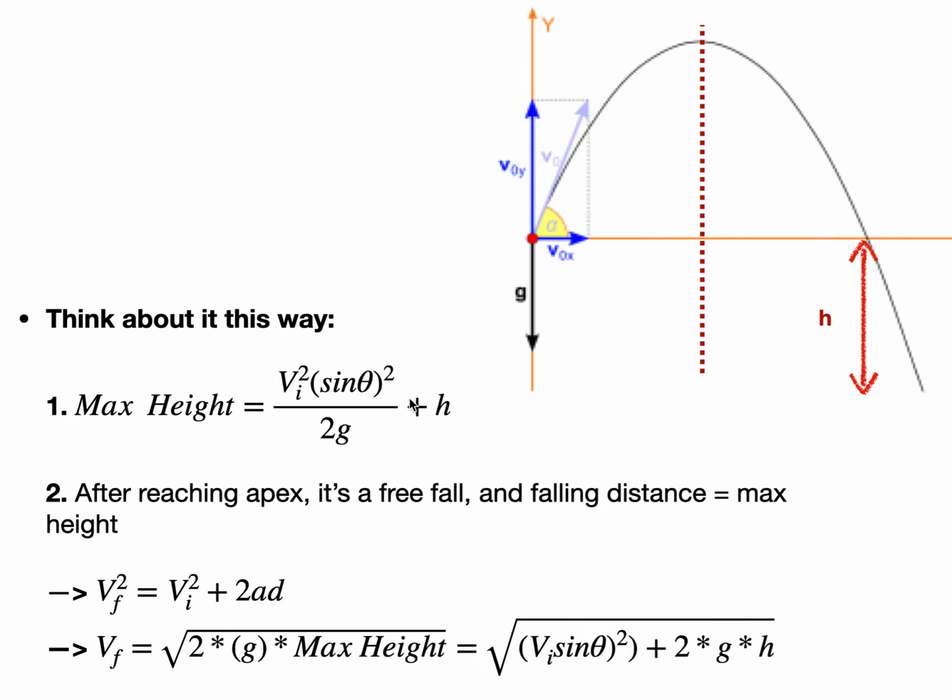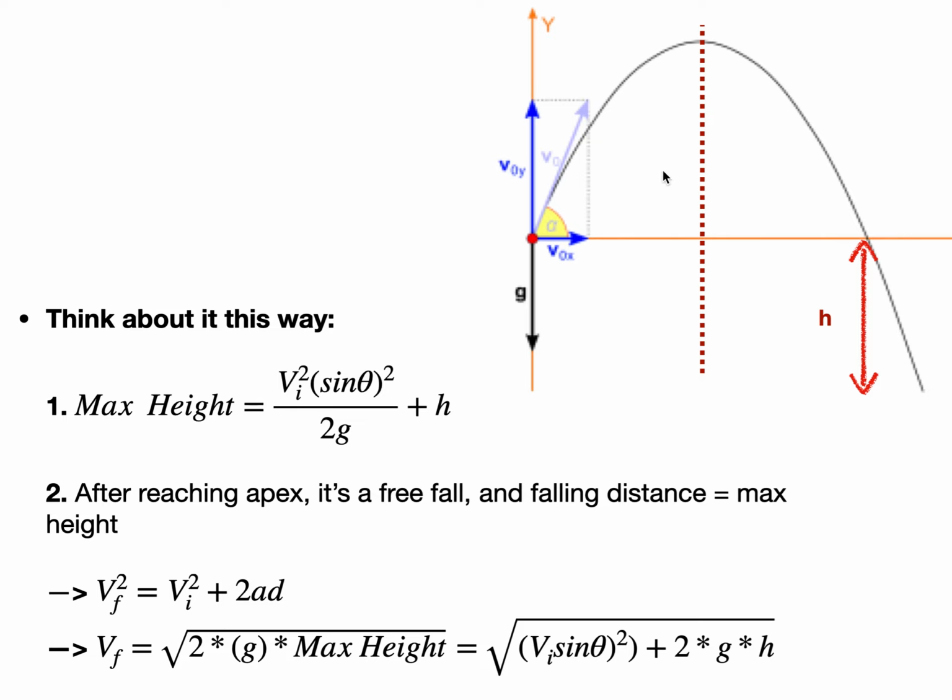The maximum height we derived with this equation would be the height from the apex to where the ball was released. And when there is a projection height, you just need to add h to it. So you get a total maximum height from the ground. So that's how we get this equation: the thing without projection height plus projection height.